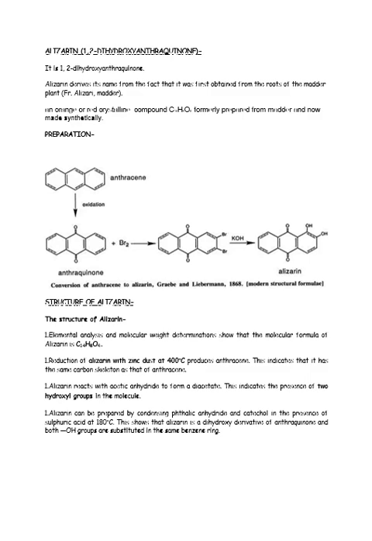Alizarin can be prepared by condensing phthalic anhydride and catechol in the presence of sulfuric acid at 180 degrees centigrade. This shows that alizarin is a dihydroxy derivative of anthraquinone, and both hydroxyl groups are substituted in the same benzene ring.